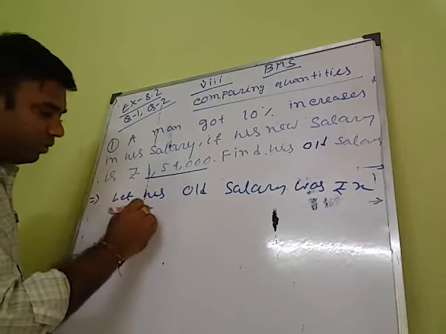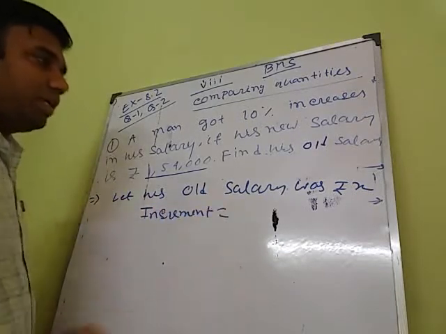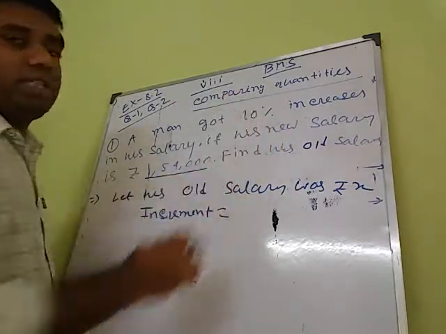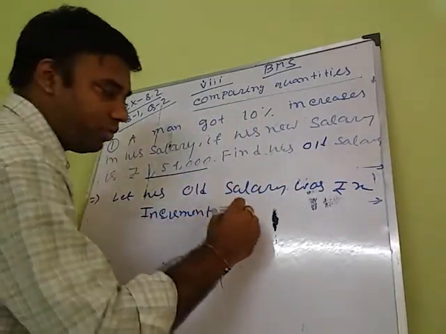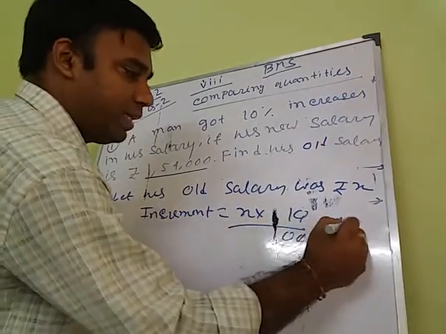Now the increment means a 10% increment. The increment of x is 10 by 100 of x, or x by 10.